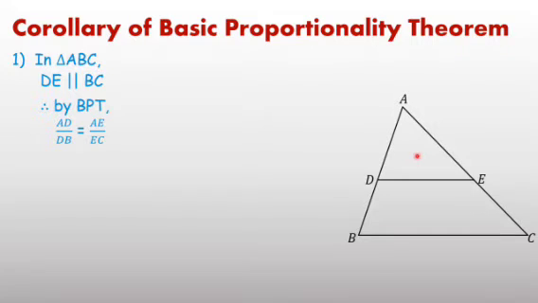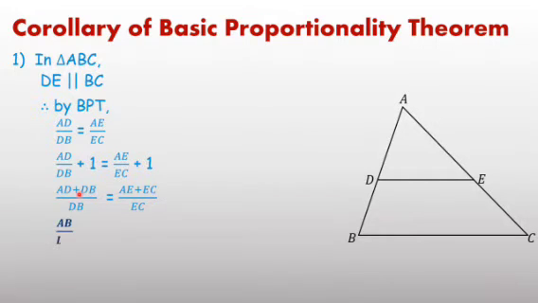This result we have covered in the previous slide as BPT. Now, what happens if we add 1 on both sides? Just observe here. If we add 1 on both sides and take LCM, then you will get AD plus DB upon DB equals AE plus EC upon EC. And the value of AD plus DB is AB.